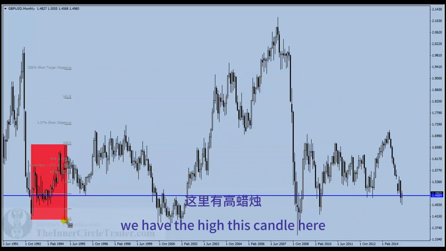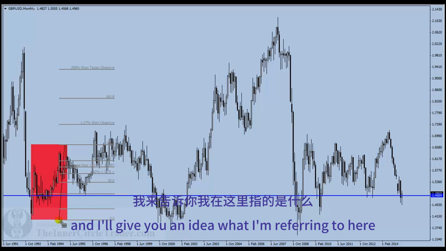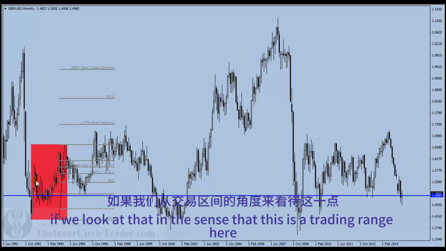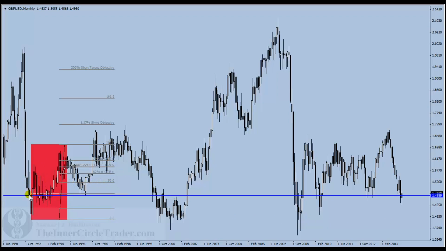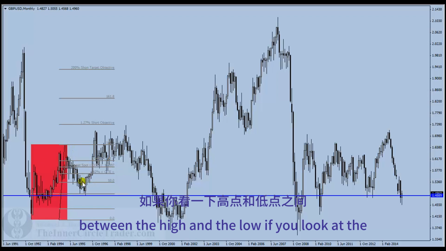Let's bring it over here so it's a little bit easier to see. 50% is right in here, so this is what would be deemed fair value or equilibrium between the high and the low. So the low here and the high. So equilibrium is right in here.